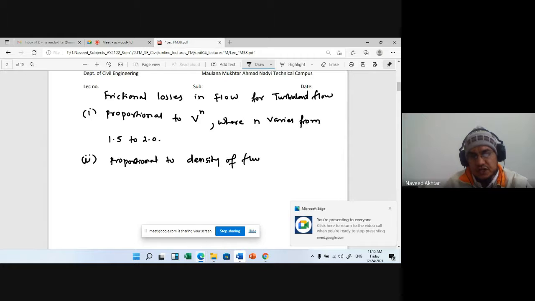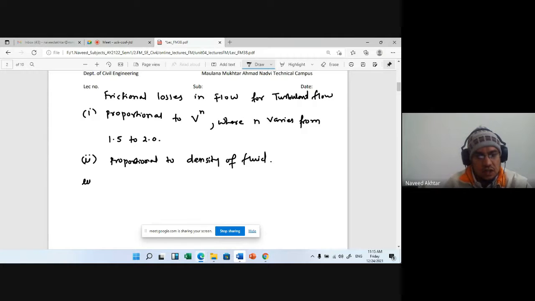So fluid density also affects the movement between the layers, and that's why the frictional losses are there.